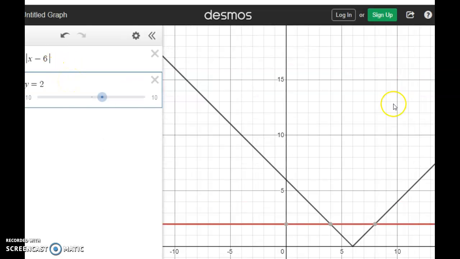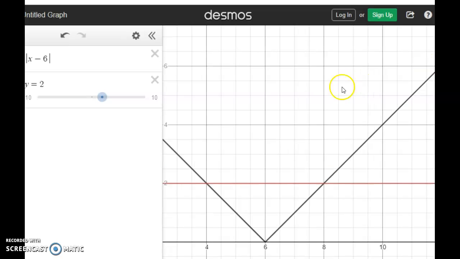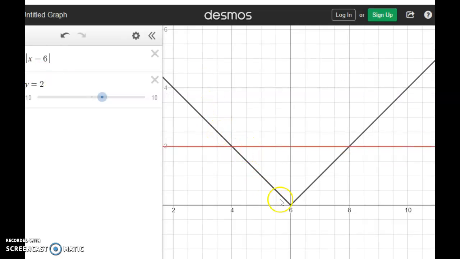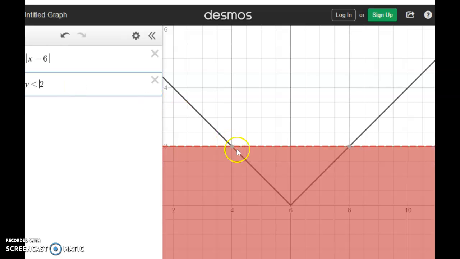So as I zoom in, we want where my absolute value equation is less than that horizontal line, and you can see at x equals 4, it's actually on it, and then x equals 8, it's on it. It might actually be helpful to write this as less than, so you can actually see that we want the shaded region below that. That's why we want values bigger than 4 but smaller than 8.